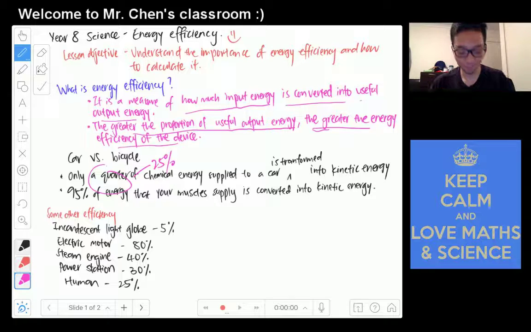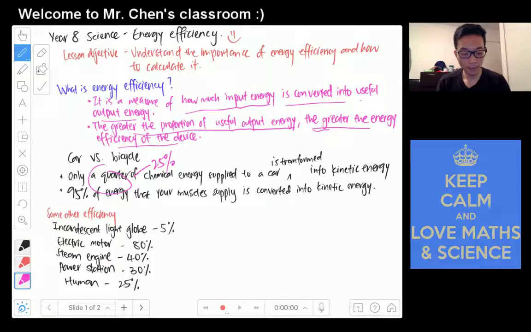On the other hand, for a bicycle, 95% of the energy that your muscles supply to pedal the bicycle is converted into kinetic energy. The rest is converted into heat, which you lose as sweat. That's why when you ride your bicycle for a while, you sweat. That came from heat energy.